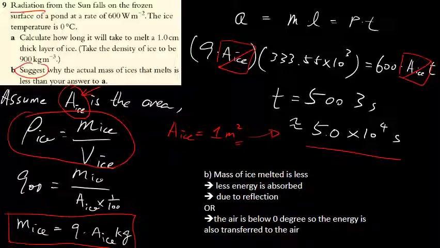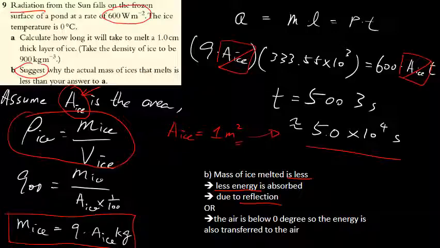So the logical thinking is, since the mass of the ice melted is less, that means the energy absorbed by the ice is less. So one of the possible reasons could be reflection. The radiation from the sun, which means sunlight, could also be reflected by the ice, so what it receives is probably not 600 watts per meter square.